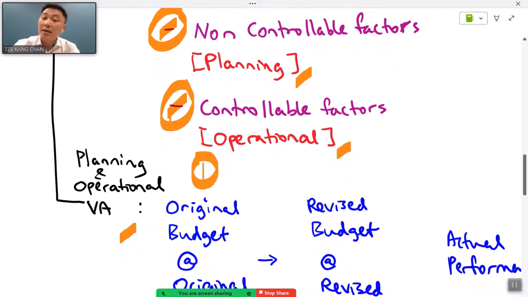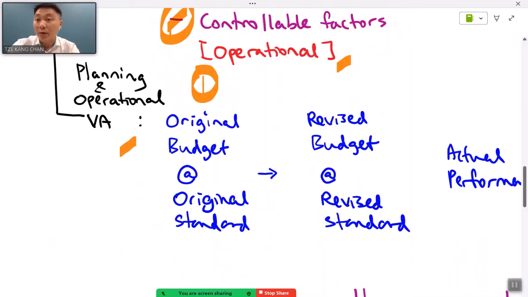Firstly, the original budgets that derive from the original standards established at the beginning of the period.